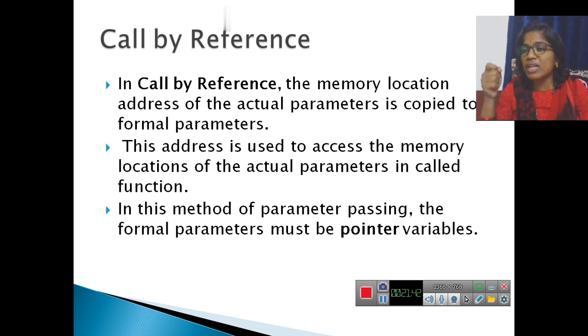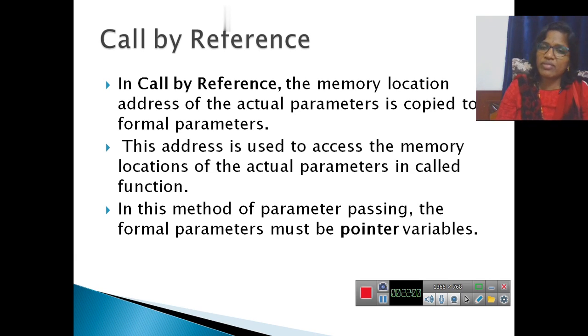Every variable will have an address. That address can be copied into some other place, which we call a pointer. So a pointer is again a variable which holds the address of another variable, right?